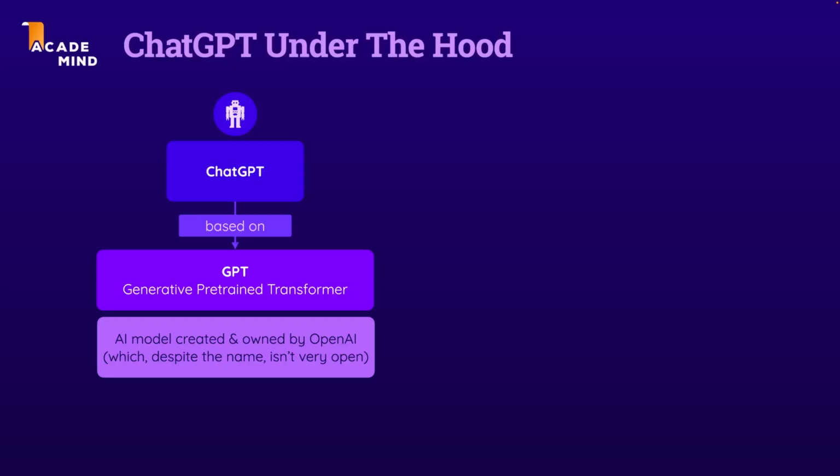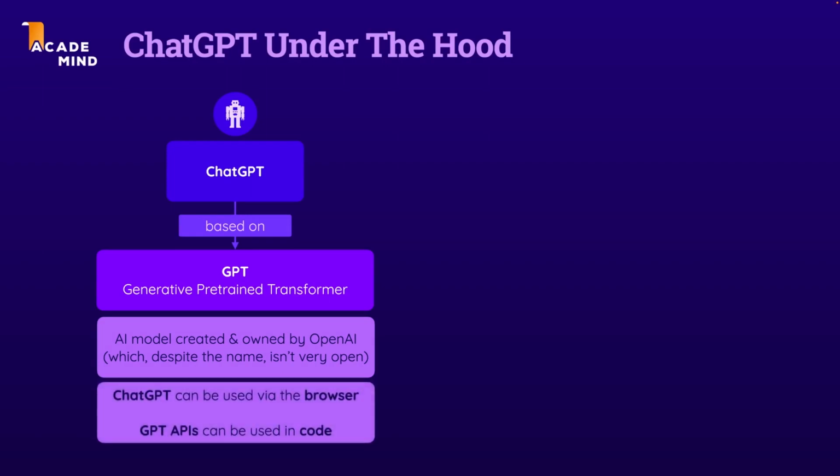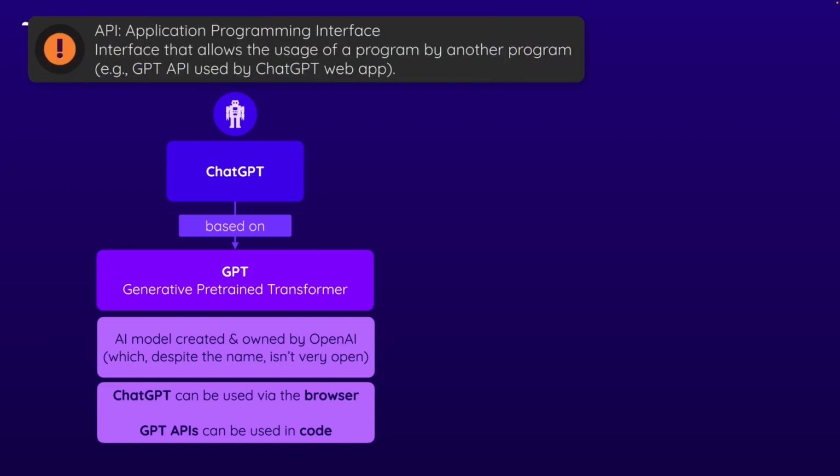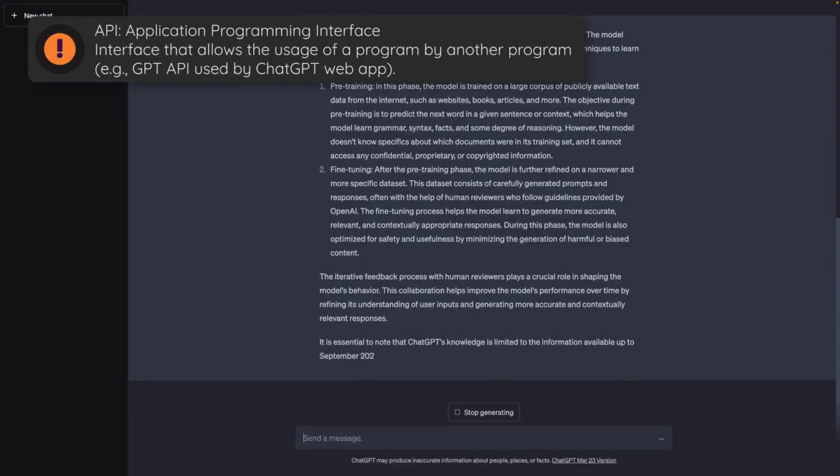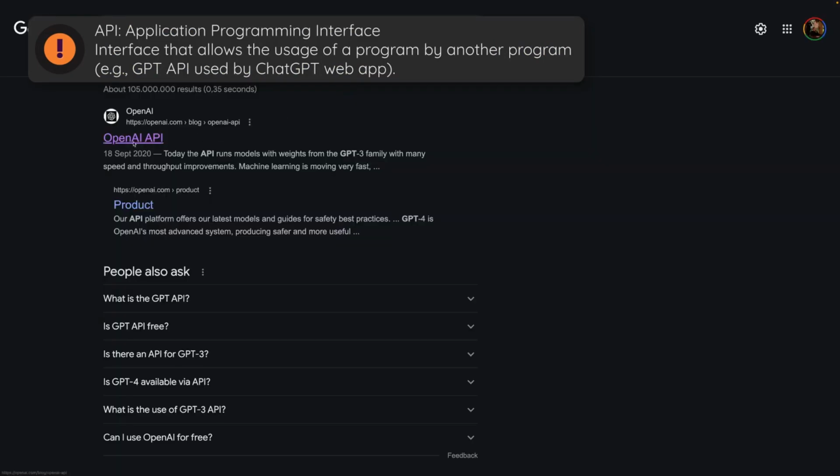The GPT model is the underlying program, you could say, that's being used by that web app to produce and generate those responses. So we have to differentiate between these two things.